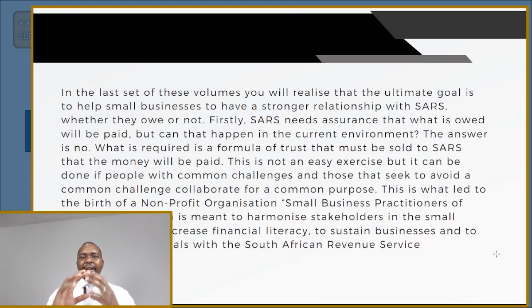And that can be done if there are uniform rules that are understood the same way between the accountants and the small business practitioners and other regulators as well. And by so doing, we're trying to create what we call a format of trust, because these regulators and other stakeholders understand that there are uniform rules that are happening in a small business environment, and therefore there is trust.